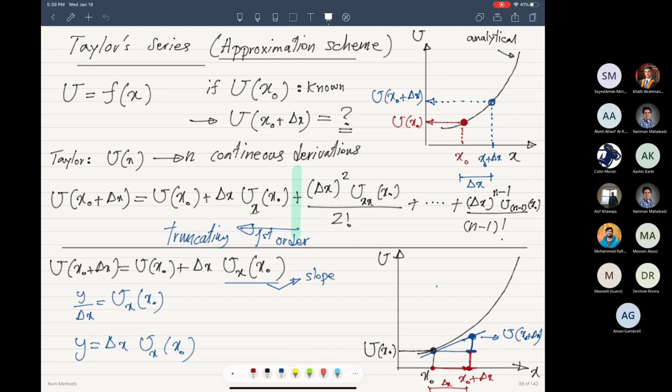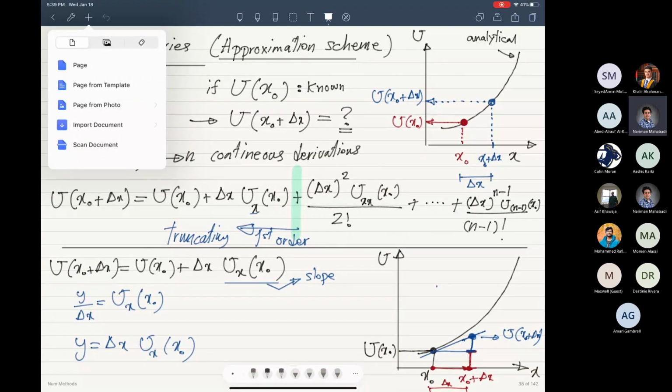And here, really, it's about the order of your derivatives. This is the first order. So the n here is 1, 2, 3, and so on, for term by term. So this is 1, this is 2, 3, 4.